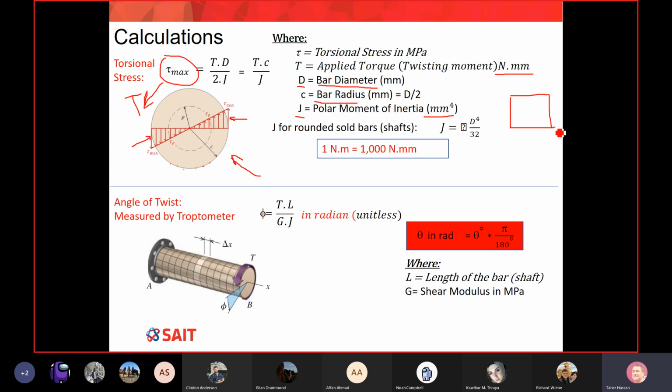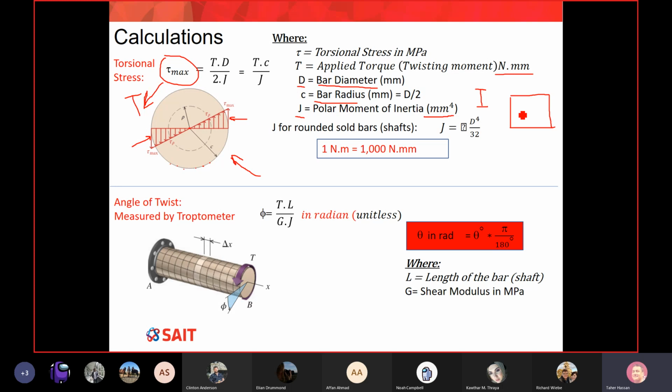And you will probably also study in your class something called I, which is the moment of inertia, or the second moment of area. In different literature, they call the same thing different names. And J is the same thing, but around the axis of the specimen, called the polar moment of inertia.